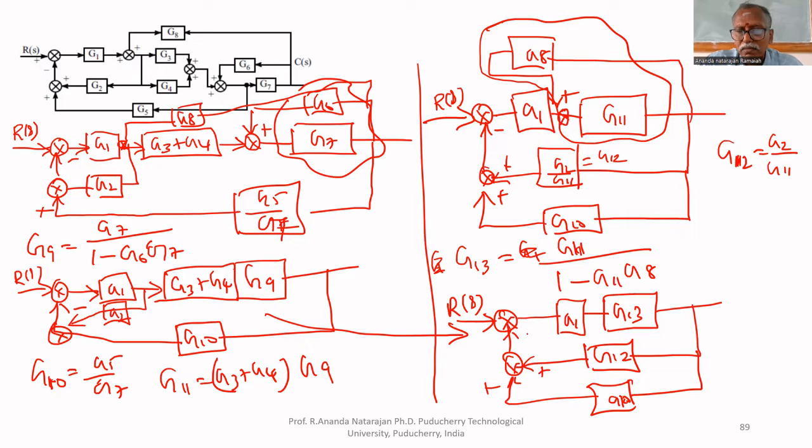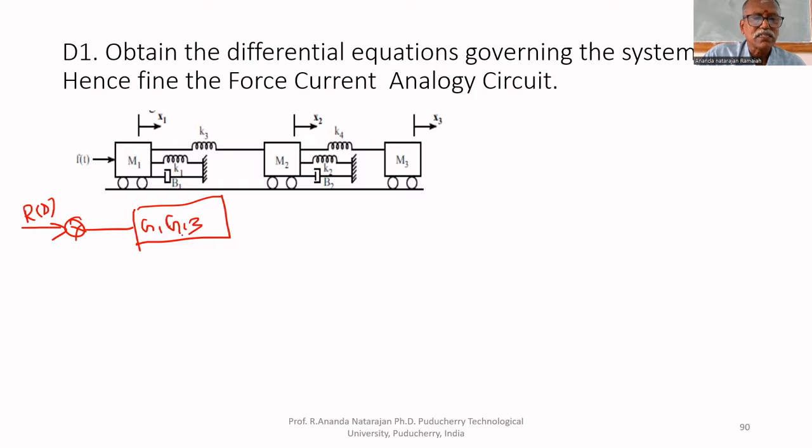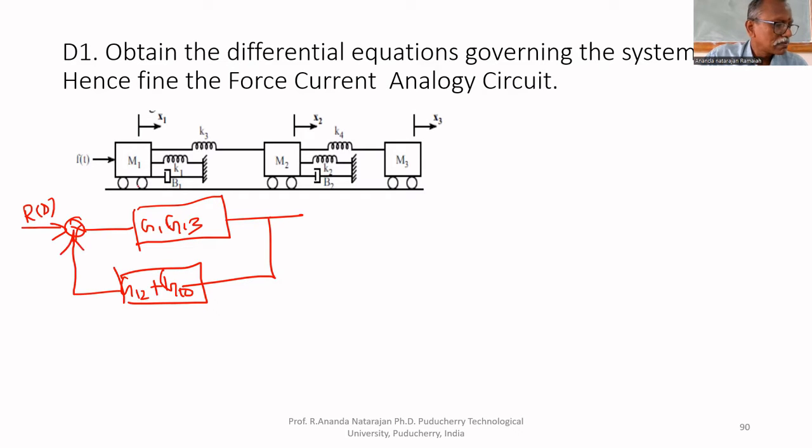This is negative feedback. So finally, G10 and G12 can be added together. Therefore, we can write R of S equal to G1 plus G13 and G12 plus G10. That's all.